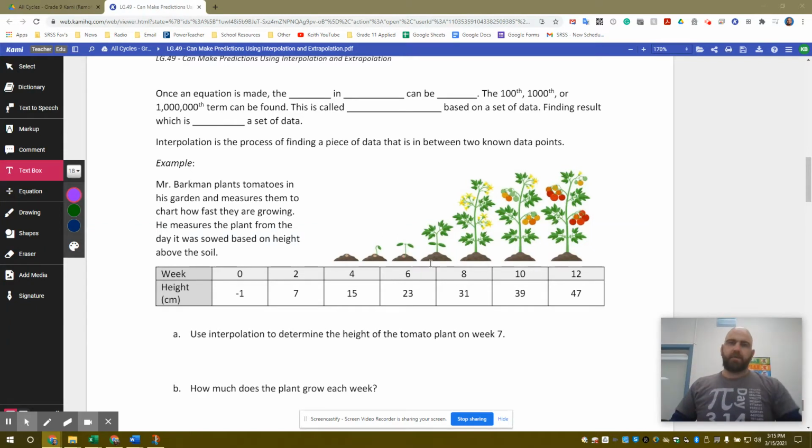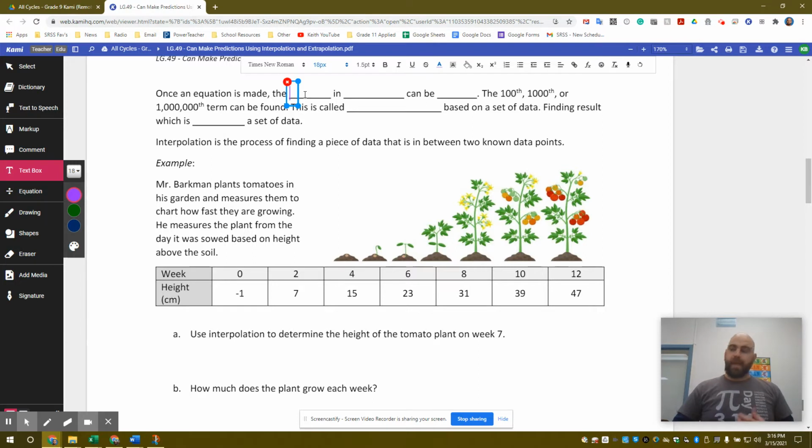All right, so we're going to continue looking at interpolation and extrapolation when it comes to finding values that are within or outside of a pattern, to continue that pattern. Now, we've previously looked at making an equation to find a farther down value.